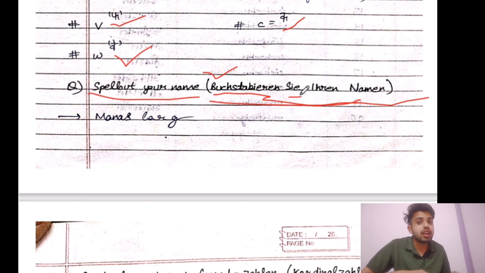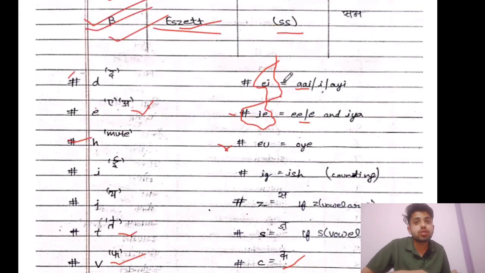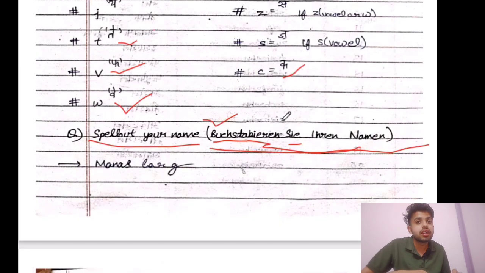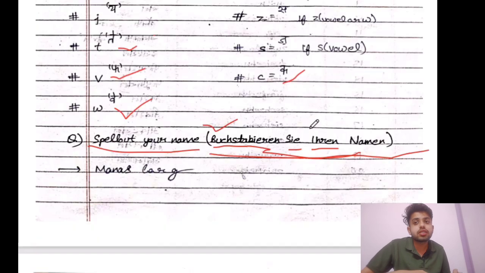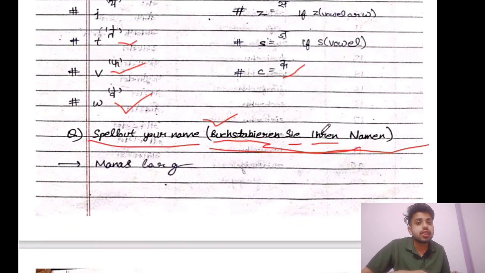And SIE, IE is pronounced as E. That's why I say Sie, or S, and S, and the next letter of S is a vowel. So Z. Buchstabieren Sie Ihren Namen. And H is always silent. I is pronounced as E. Ihren. Ihren. Ihren Namen.